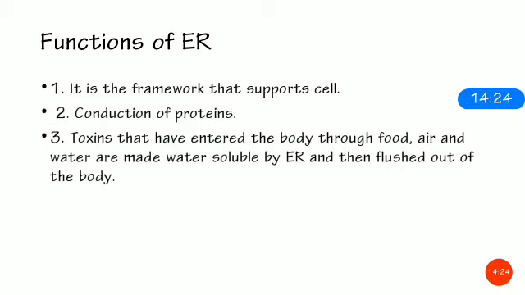The function is to synthesize protein, and to make the toxins which enter your body through food or anything which you take in, for example food, air or water, water soluble so that they can be flushed out from the body, right? And also it is the total framework that supports the cell. It is very important.